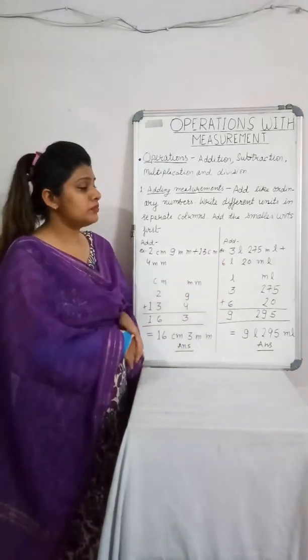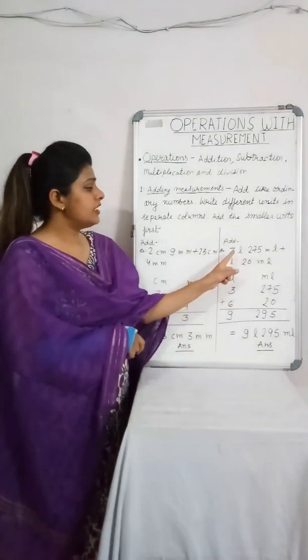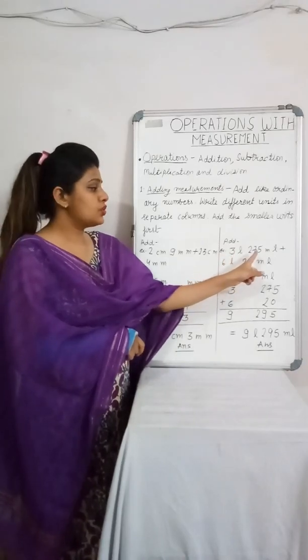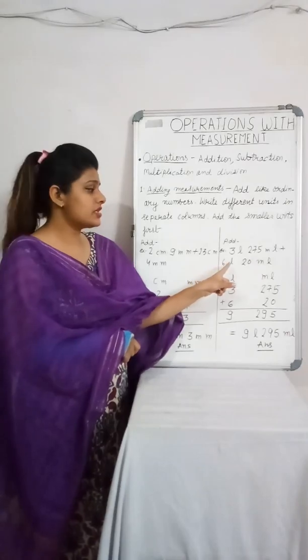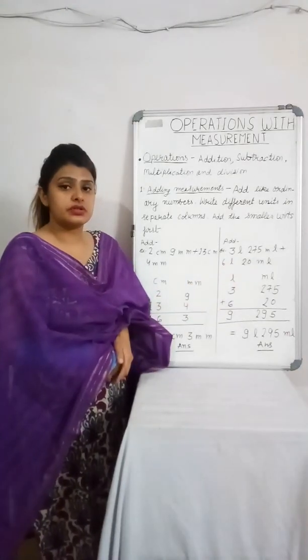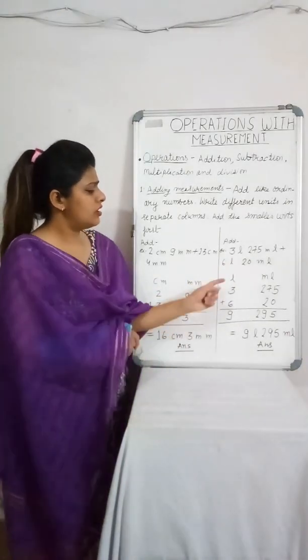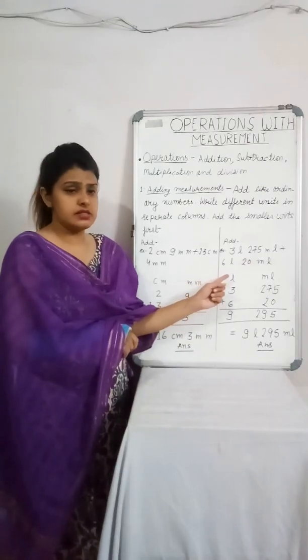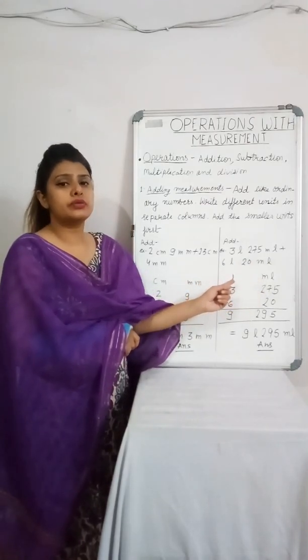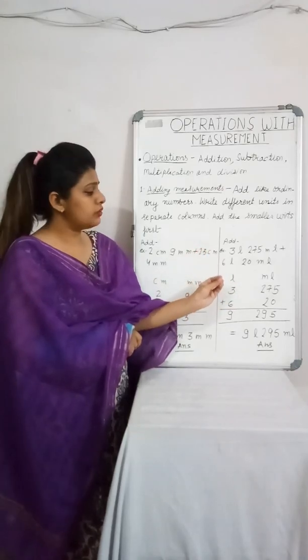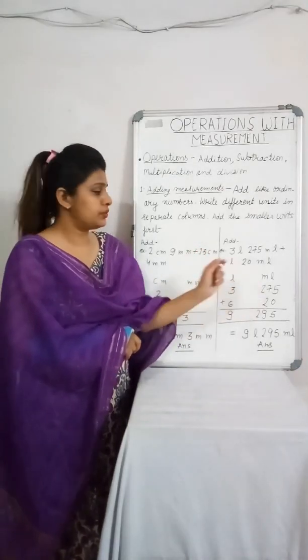Now example number 2. Here we will add 3 liters 275 milliliters plus 6 liters 20 milliliters. You can see here the two units are liters and milliliters. First we will put them according to the bigger unit first and then the smaller unit.